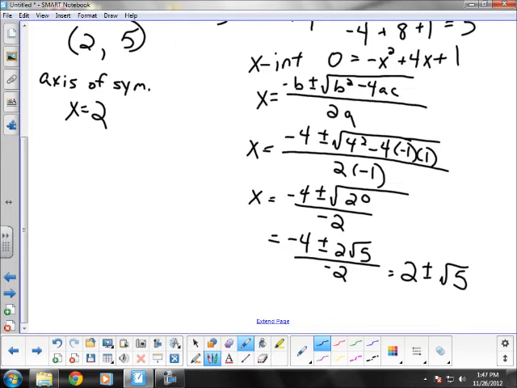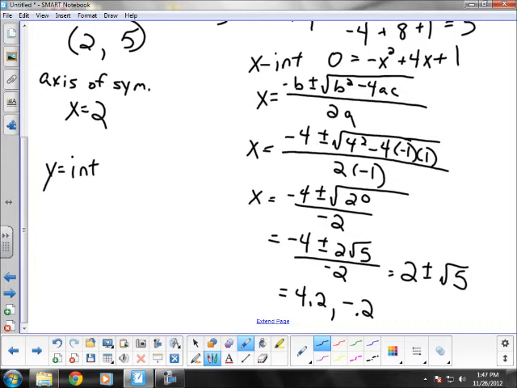So what's 2 plus the square root of 5? Is it about 4 point something maybe? Thank you. And what's 2 minus the square root of 5? All right, negative 0.2. And I need my y-intercept.